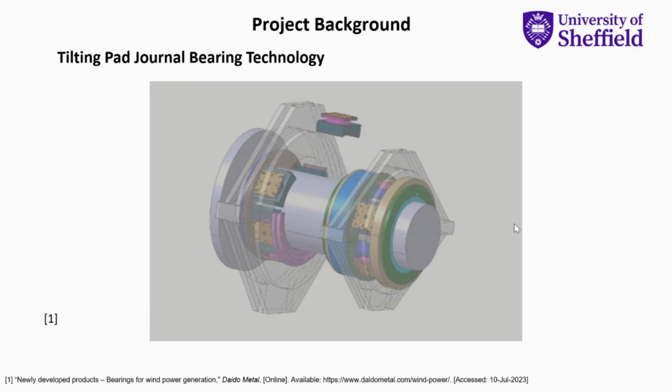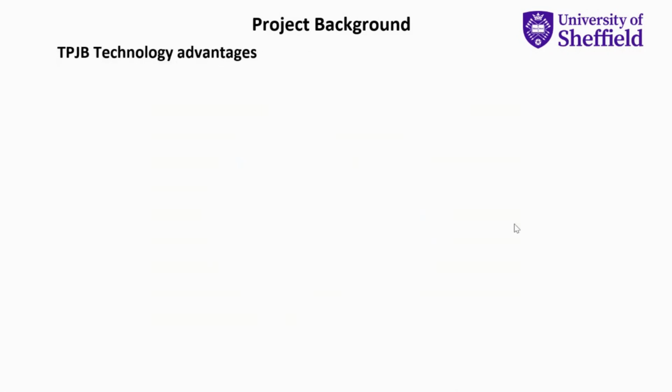And as the shaft spins inside the bearing, the different pads will tilt, and a lubrication film will be built between the shaft and the pad. And this is just a little animation of what happens, and you can see that the actual bearing can be assembled on the shaft, which is pretty useful, as I'll go on to explain now.